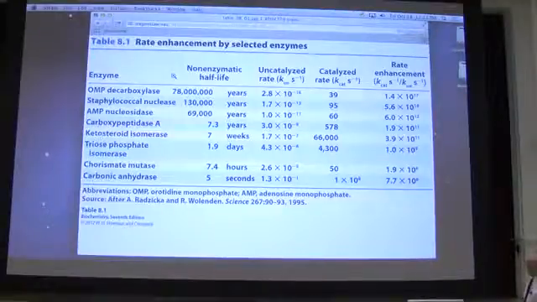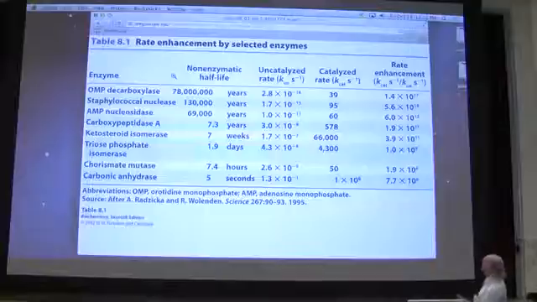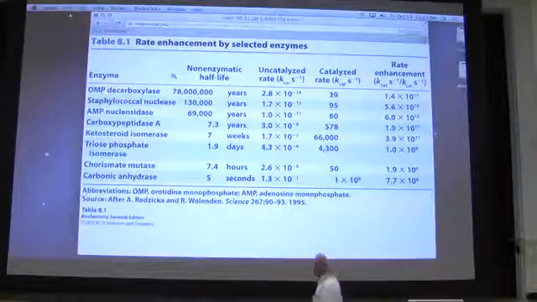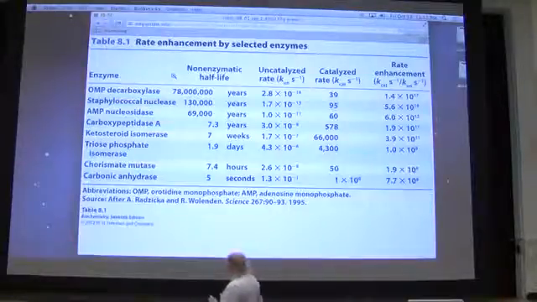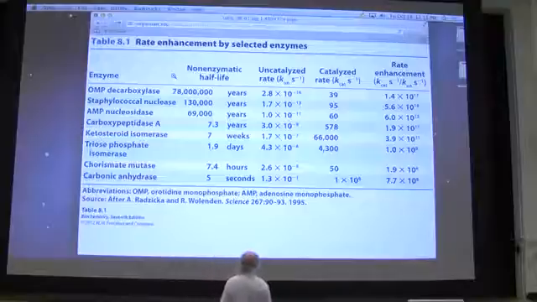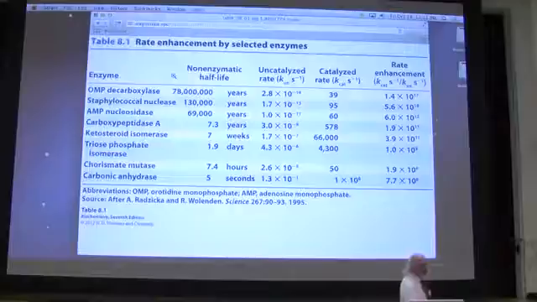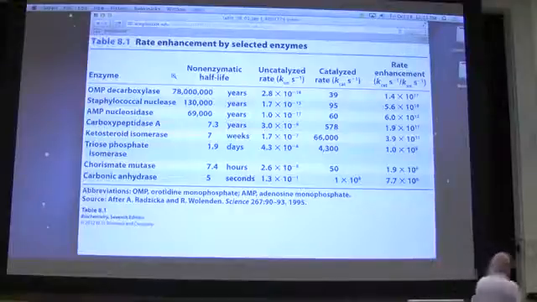There's other things about enzymes that are hard to get your head around, okay? We'll talk more about this column over here later, but I want to show you something about the last enzyme on the list, carbonic anhydrase. Carbonic anhydrase catalyzes a reaction that normally doesn't take that long to go through, but look at how many molecules of product it makes per molecule of enzyme per second. What does that mean?